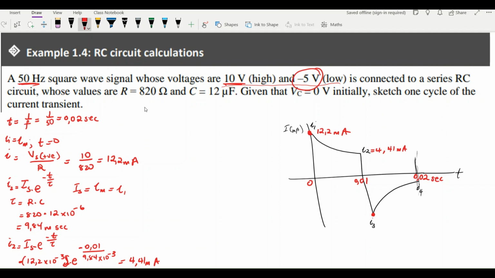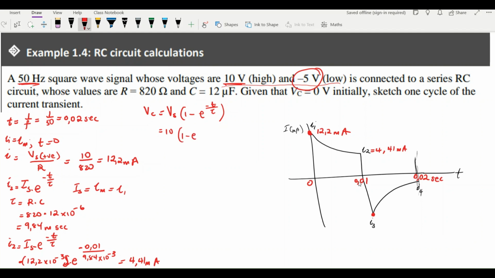So this means that we need to first calculate the voltage across the capacitor. Vc would be calculated as Vs times 1 minus e to the power negative t divided by the time constant. Now, the voltage that we need to see how much it is charged through is 10 volts, right?